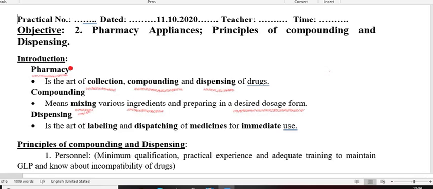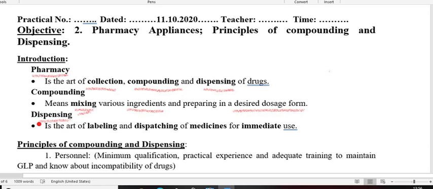Now we have to go through the third term, that is dispensing. So dispensing means once you have prepared a pharmacy preparation, you have to dispense it out. So what is this dispensing?